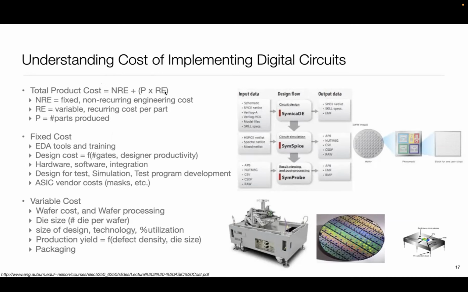Now, when we sell these things, then the per part cost is going to be the recurring cost plus NRE divided by P, right? Because I'll share the NRE cost across all the parts I produce.